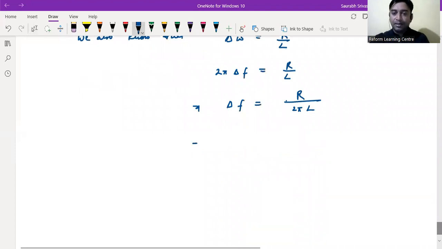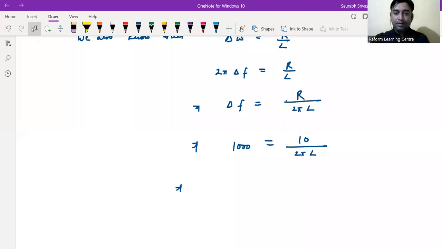Bandwidth? 1 kilohertz. 1 kilohertz is nothing but 1000 hertz. R is 10 ohm upon 2 pi L. So L will be equal to 10 upon 2 pi into 1000. What is the value of L? कैलकुलेटर प्रयोग करिए.